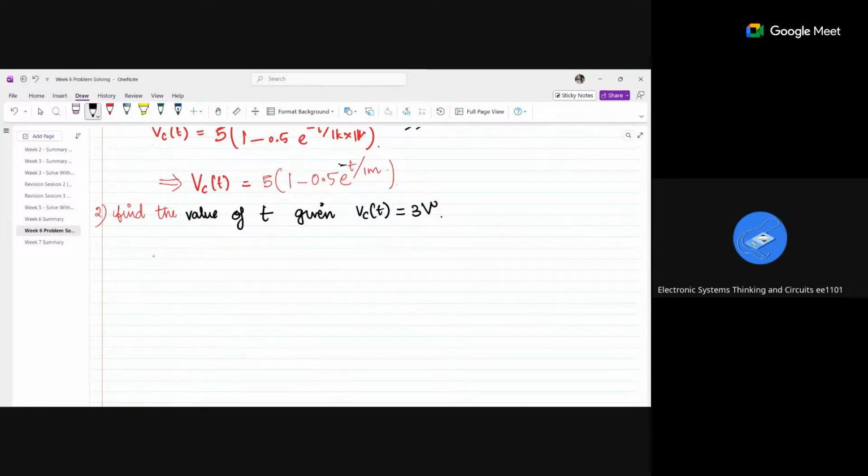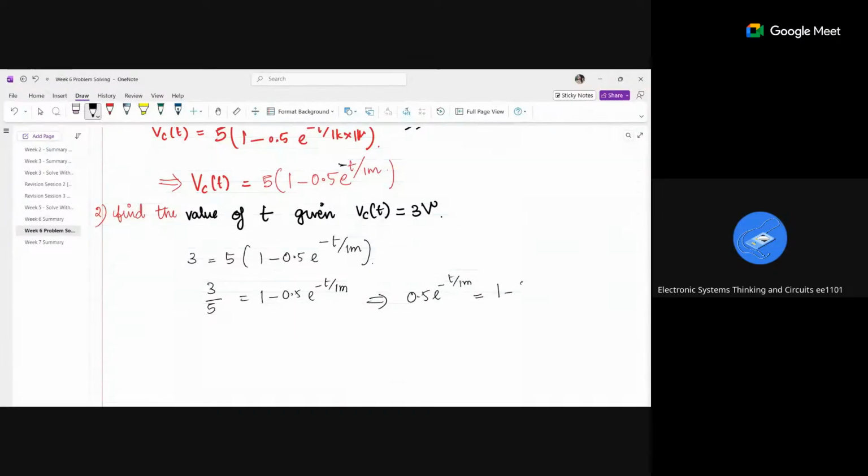So basically, VC of t we are given 3 is equal to 5 into 1 minus 0.5 e power minus t by 1 milli. 3 by 5 is equal to 1 minus 0.5 e power minus t by 1 milli. I'll take it to this side. So 1 minus 3 by 5 is nothing but 5 minus 3, it's 2 by 5.